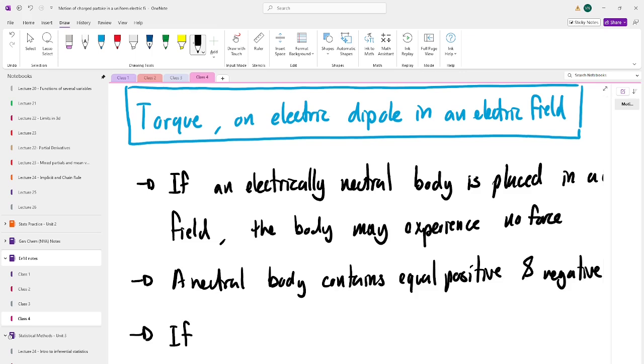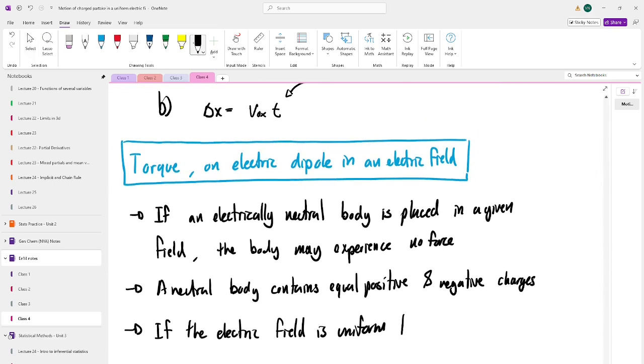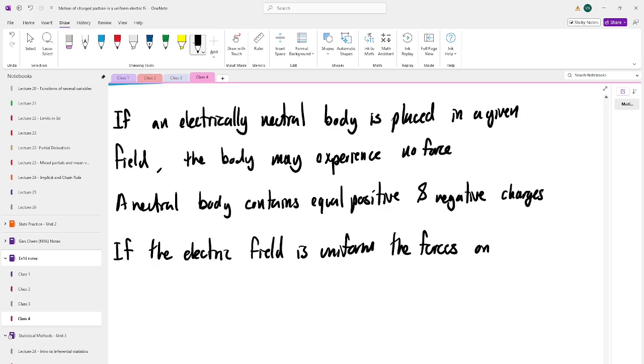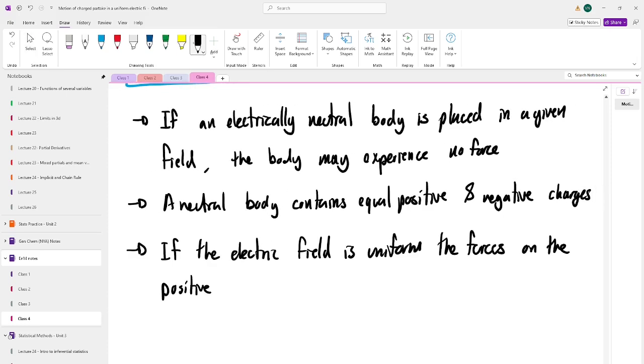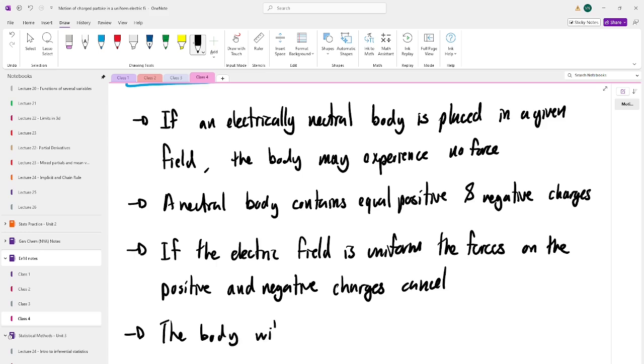So, then if the electric field is uniform, so overall, the body will experience no net force.